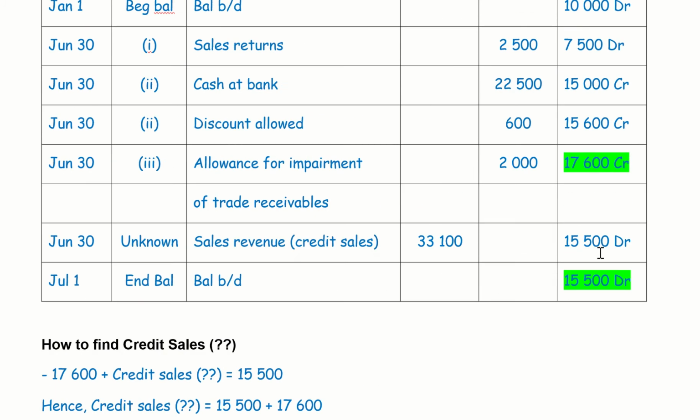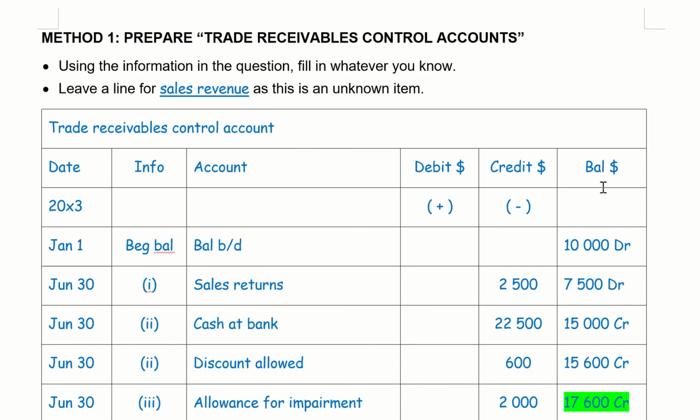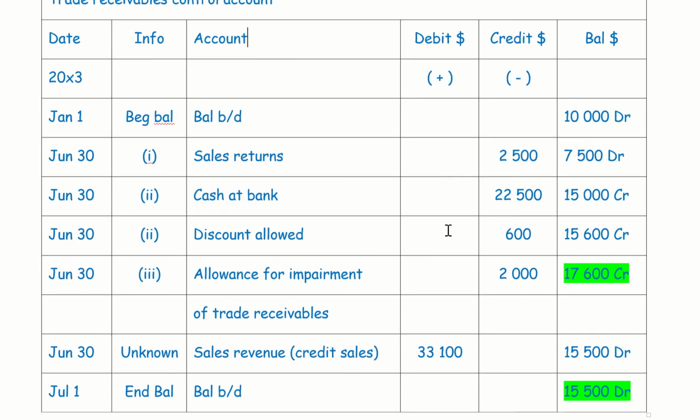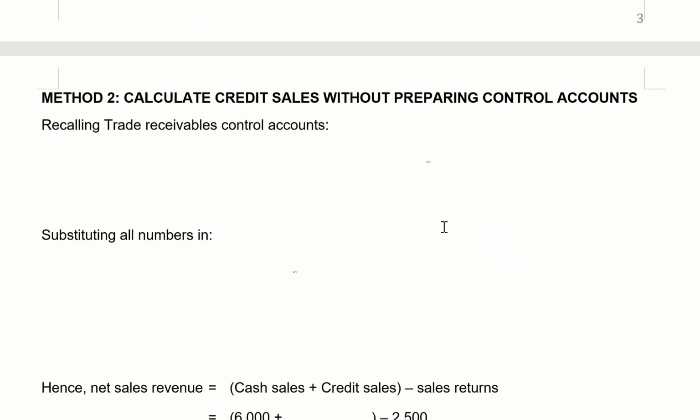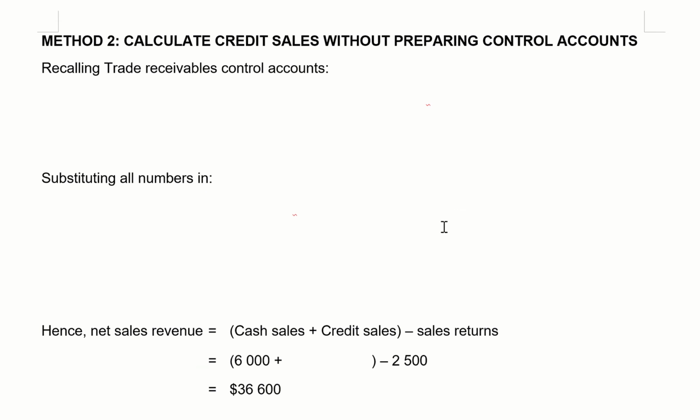Alright, so what you have just learned is the first method, to prepare the trade receivables control account so that you can work out the sales revenue. Now, actually, you can do this question in a completely different way, and that is method 2. Method 2 is a little bit faster because you do not have to prepare the trade receivables control account, you just need to calculate.